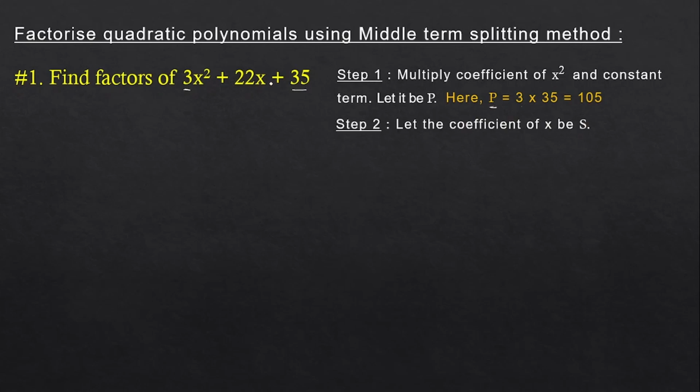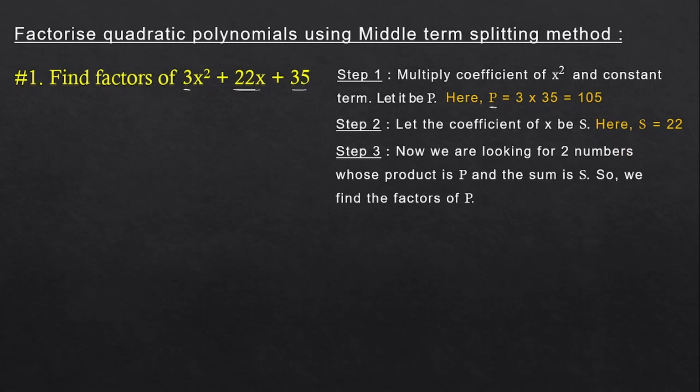Now the coefficient of x we mark as s. So we have s is equal to 22. Now we are looking for a pair of numbers which will multiply to give us 105 and whose sum will be 22. So we start by finding factors of 105. If we do it in order, we will see the factors as 1 times 105, 3 times 35, 5 times 21, 7 times 15.